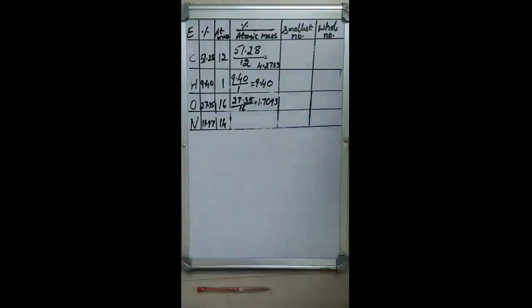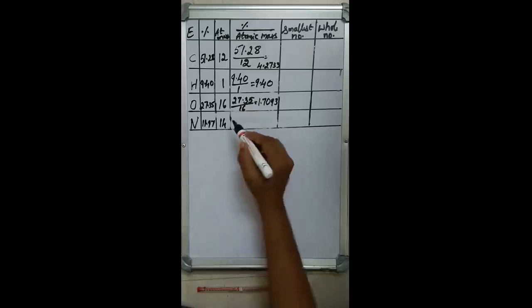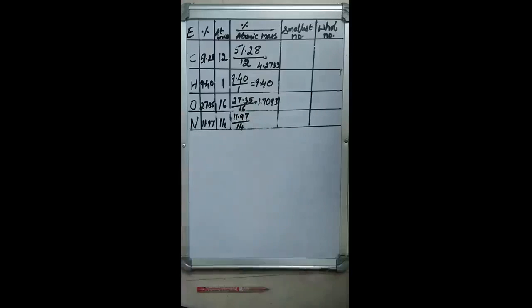Now next, what is the percentage of nitrogen? It is given as 11.97 divided by, what is the atomic mass of nitrogen? It is 14. So do the calculation. 11.97 divided by 14. So what is the answer you will get?